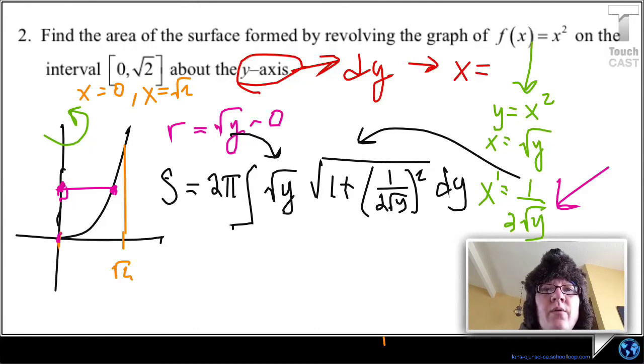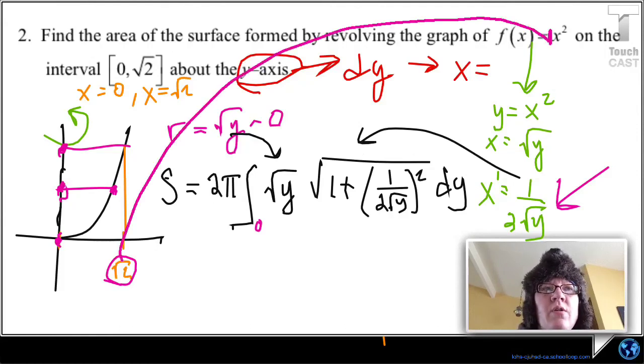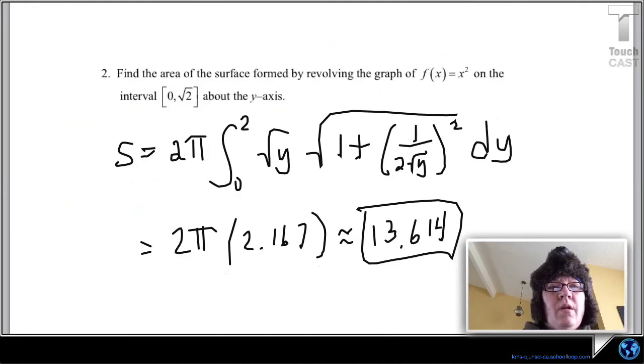I know the lowest y value is 0, but I have to figure out what the highest y value is. So I'm going to need to substitute square root of 2 for x back in my original equation. And of course, if I do that, I will get just 2. After I integrate, I get this final answer here.